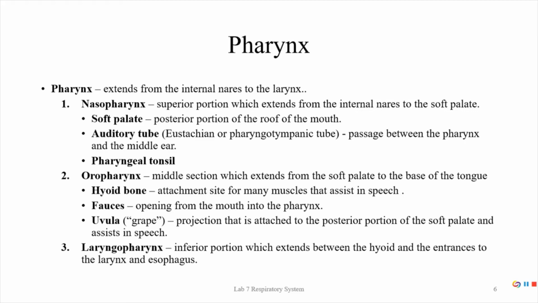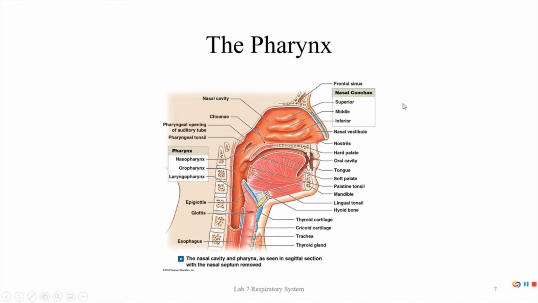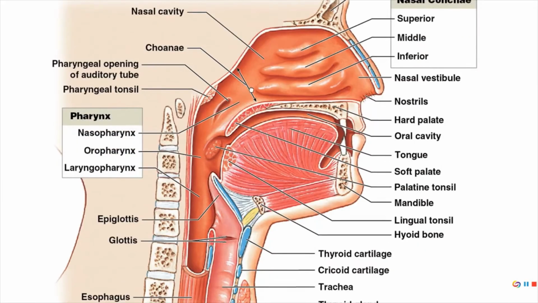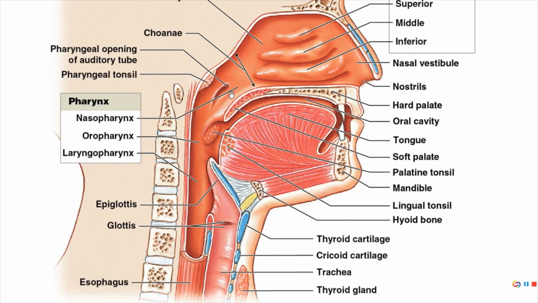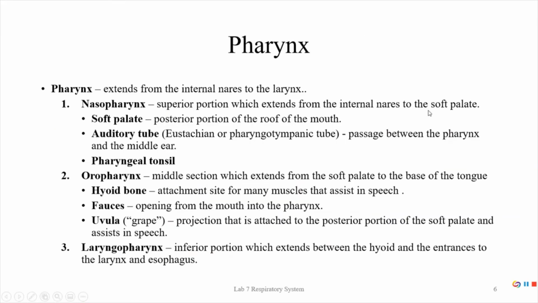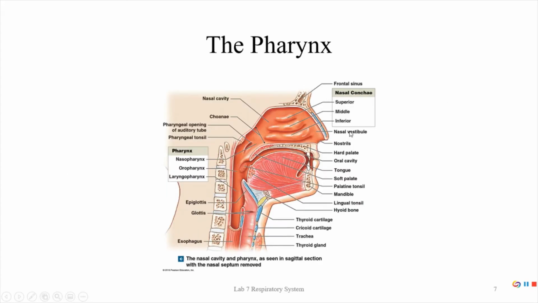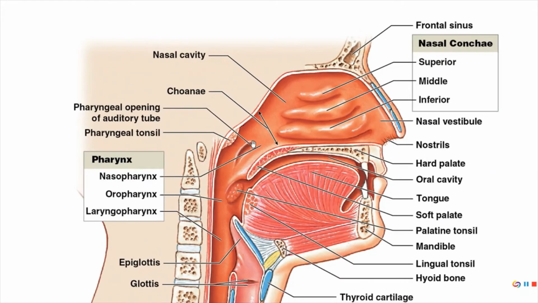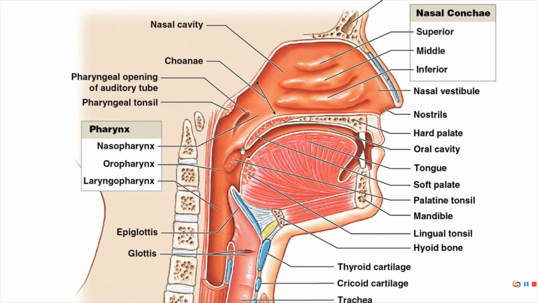So let's take a look at the pharynx, starting here, going down here. Remember, we said that the nasopharynx goes to the soft palate. Now, what we want to do is we enter the soft palate here, okay? And you will have the opening of the eustachian tube here and a pharyngeal tonsil up here.